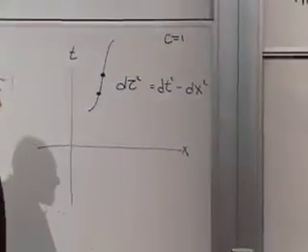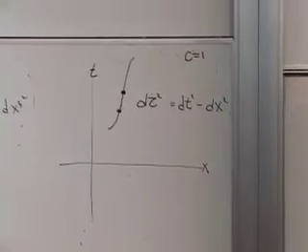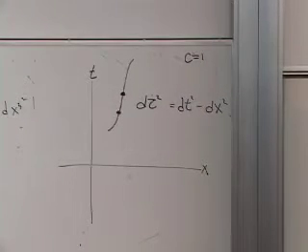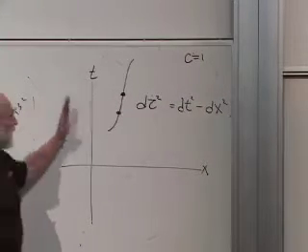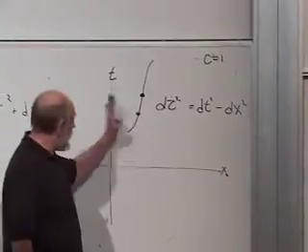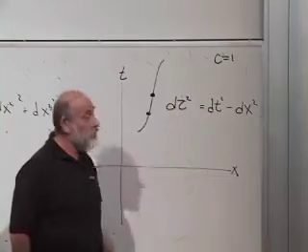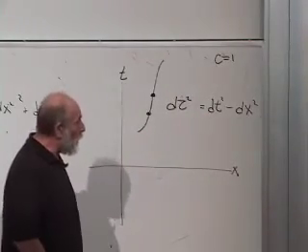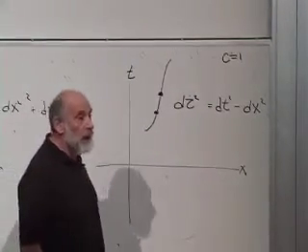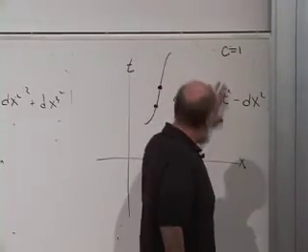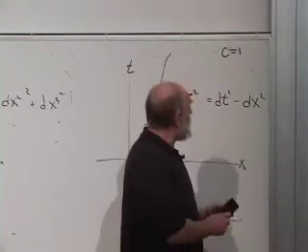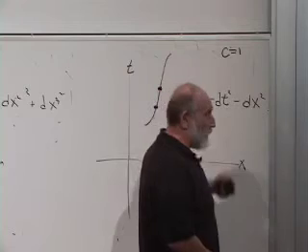And now Lorentz transformations and the special theory of relativity is simply the theory of transformations of coordinate systems which preserve this form, dt squared minus dx squared. Space-time coordinate transformations which preserve the form of the metric.